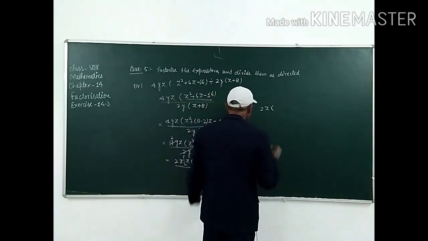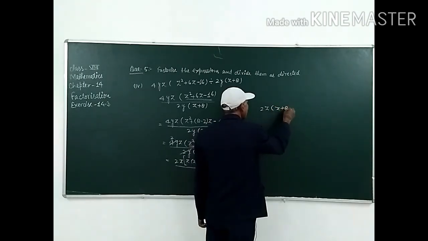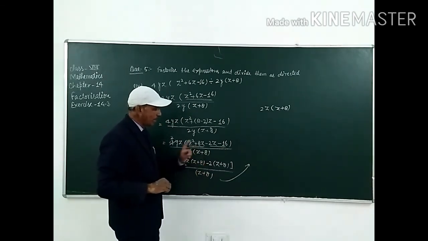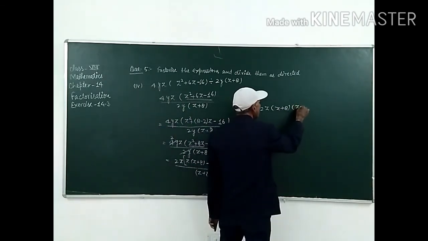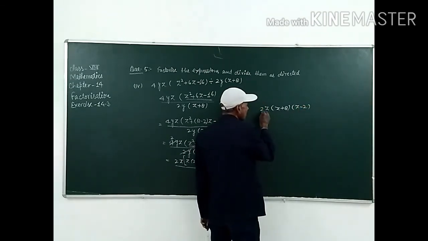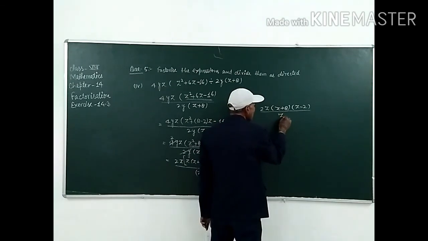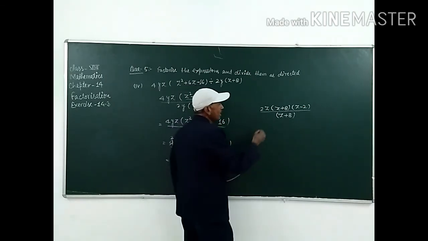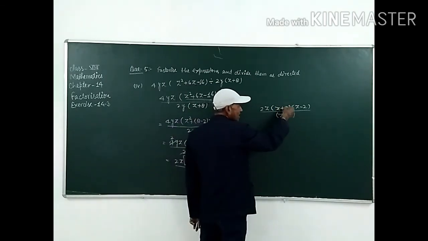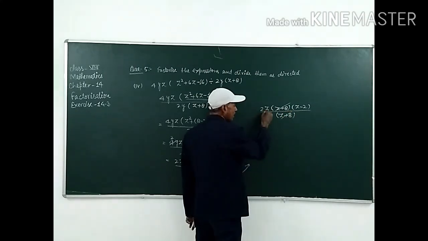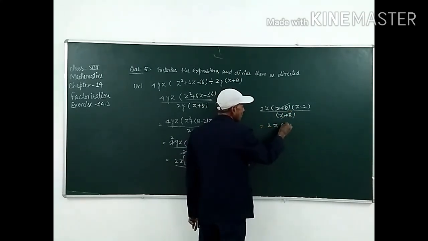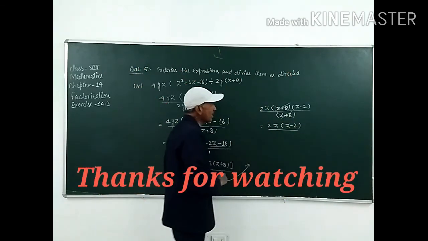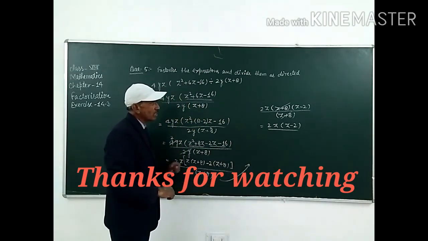So we take z plus 8 as common, and in the next bracket z minus 2 will remain, divided by z plus 8. Now we divide this z plus 8 by this z plus 8, and 2z into z minus 2 will remain, and this is the answer of the fourth part of question 5, students.